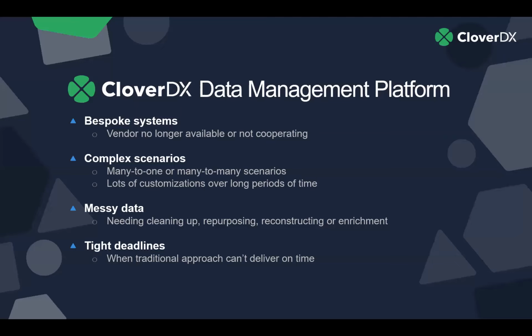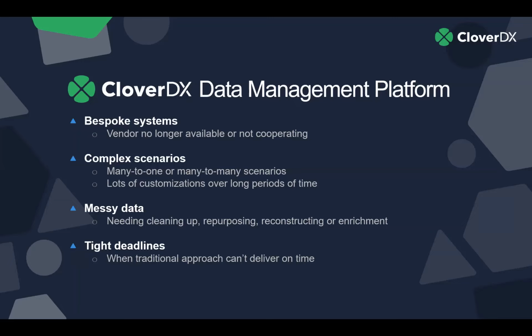Now, if you look a little bit at how we did this and what tools we used, the tool we used for the migration of the data and for implementation of the business logic, the validation, everything is CloverDX. It's a data management platform that's been built to help you work with pretty much anything. The flexibility of the tool helps you work with bespoke systems.